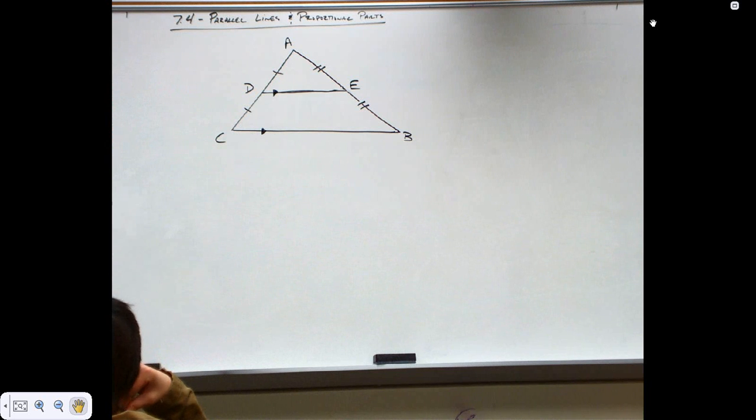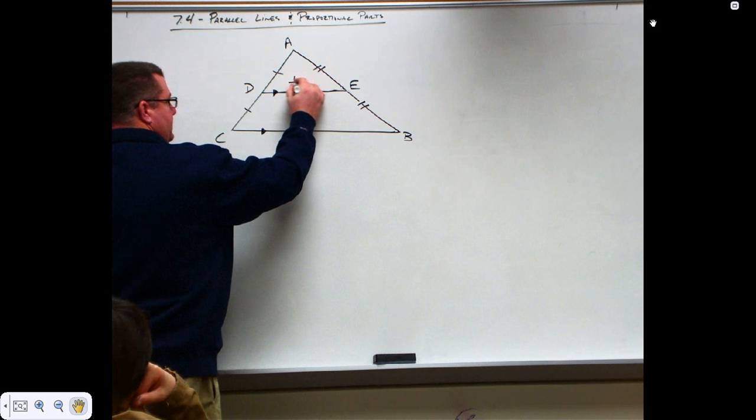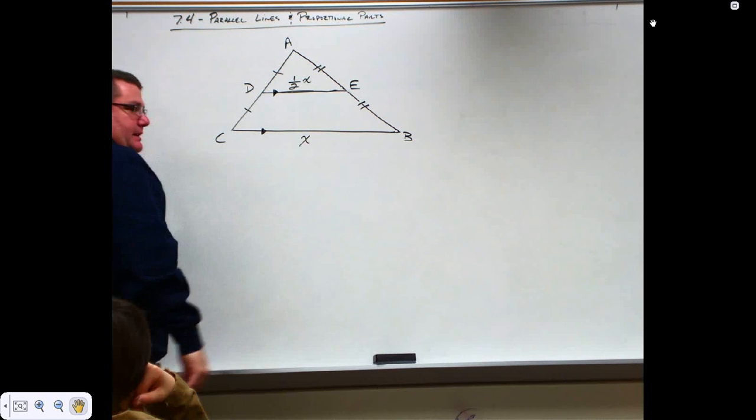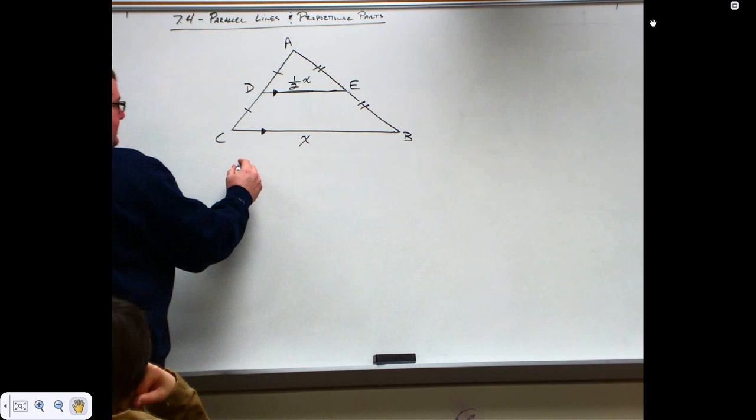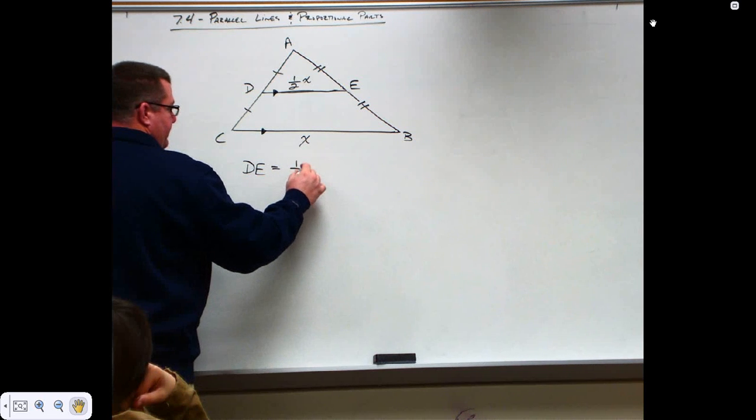Okay, when you have a mid-segment drawn, what does it say on page 4? Draw a mid-segment, they're parallel, and what? If this is x, what's this? 1/2 of x. Or you could write it as this. DE, the smaller one, is equal to 1/2 what?